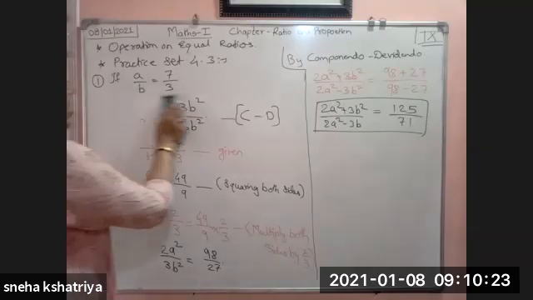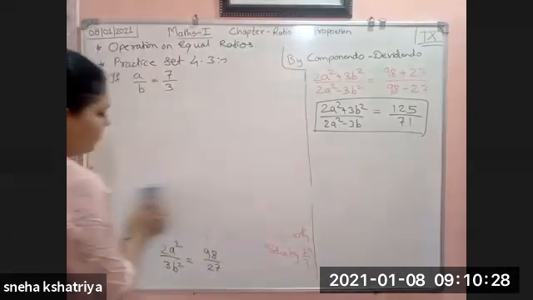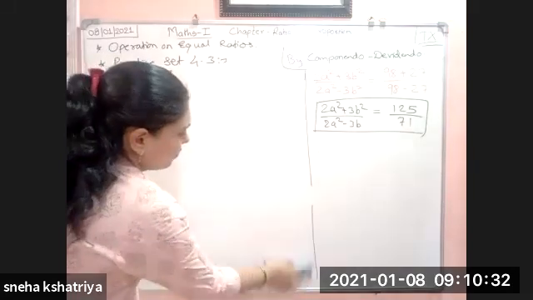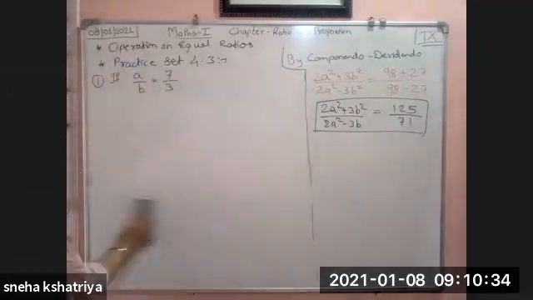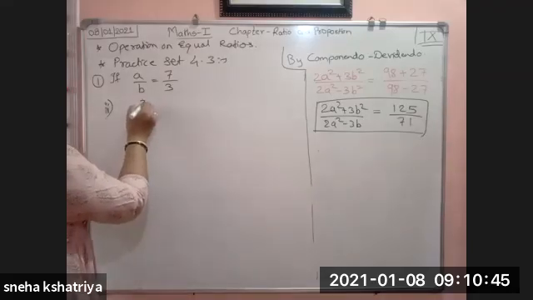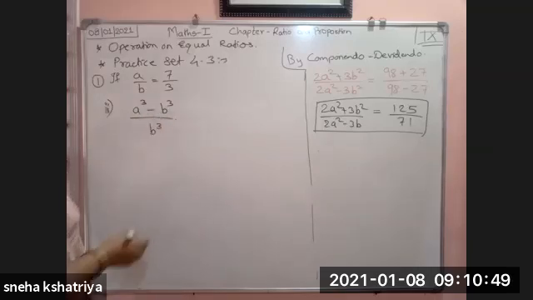Okay, we will now solve the third example. What is the third example given to us? A cube minus b cube divided by b cube.